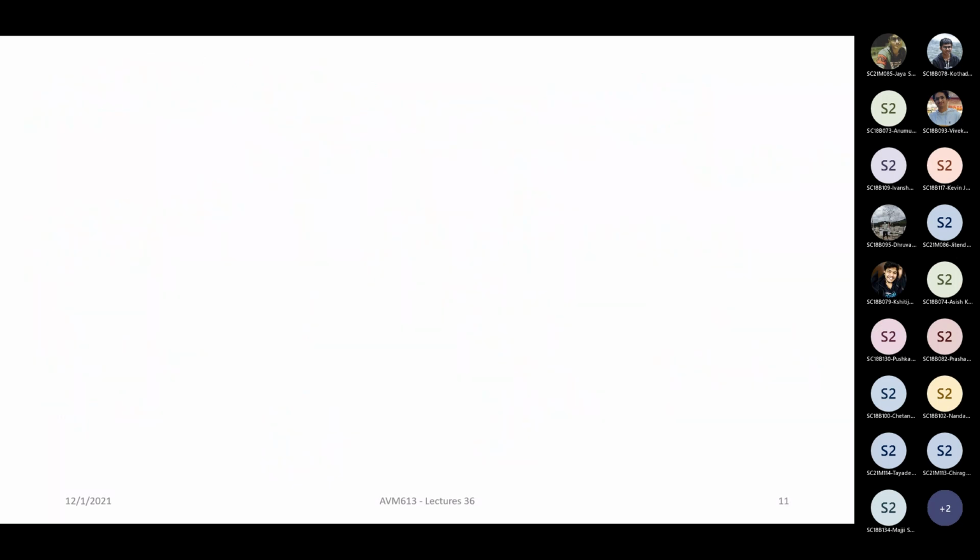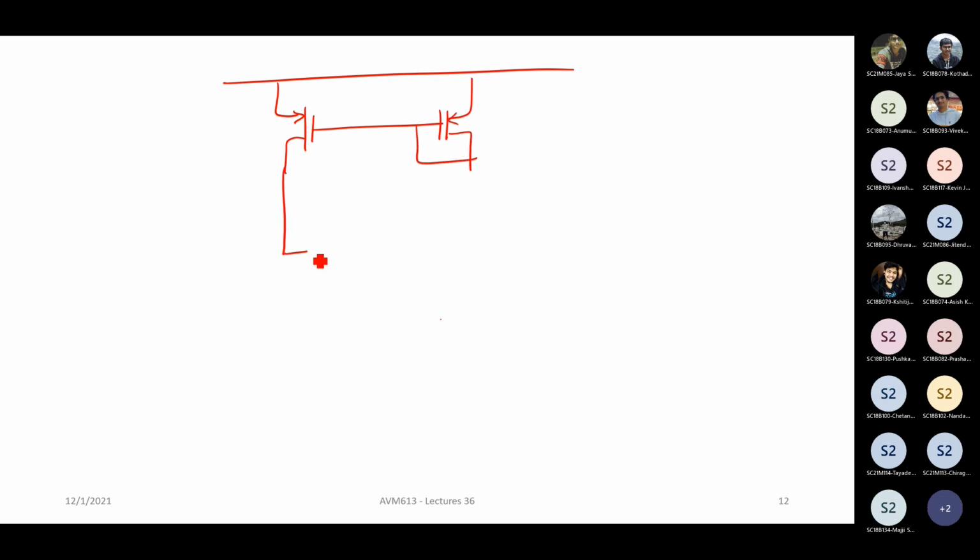Another way to do it without using an op amp is to use that double diode connected transistor arrangement which we saw in yesterday's class, which we used for the constant gm bias. In yesterday's class, we saw that this was grounded and here we had a resistor.